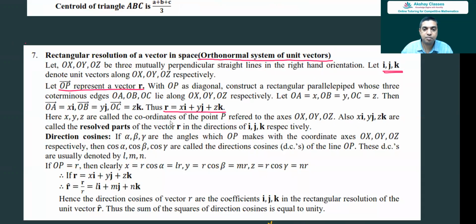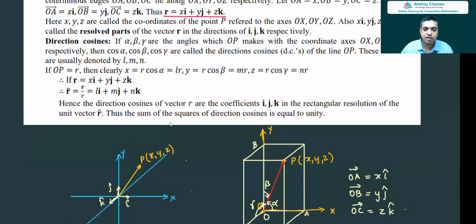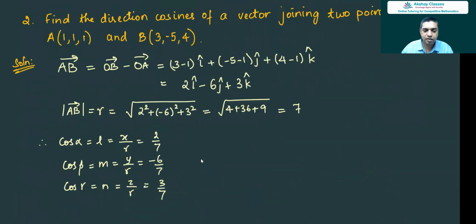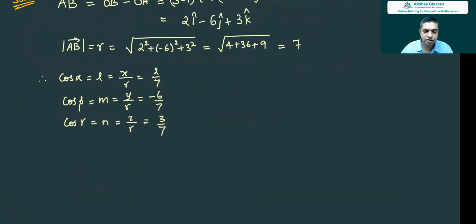It's a very, very important concept, fundamental to understanding of vector algebra.